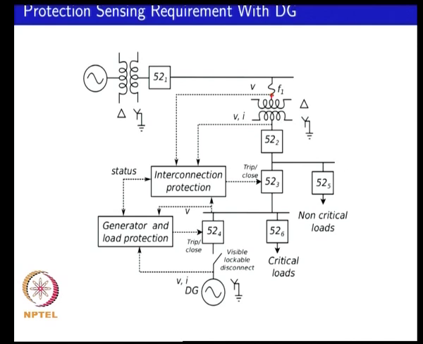When you have something like a delta Y transformer, it does not pass zero sequence across. So, you might have to sense your voltage appropriately to see whether something has happened on the high voltage side.